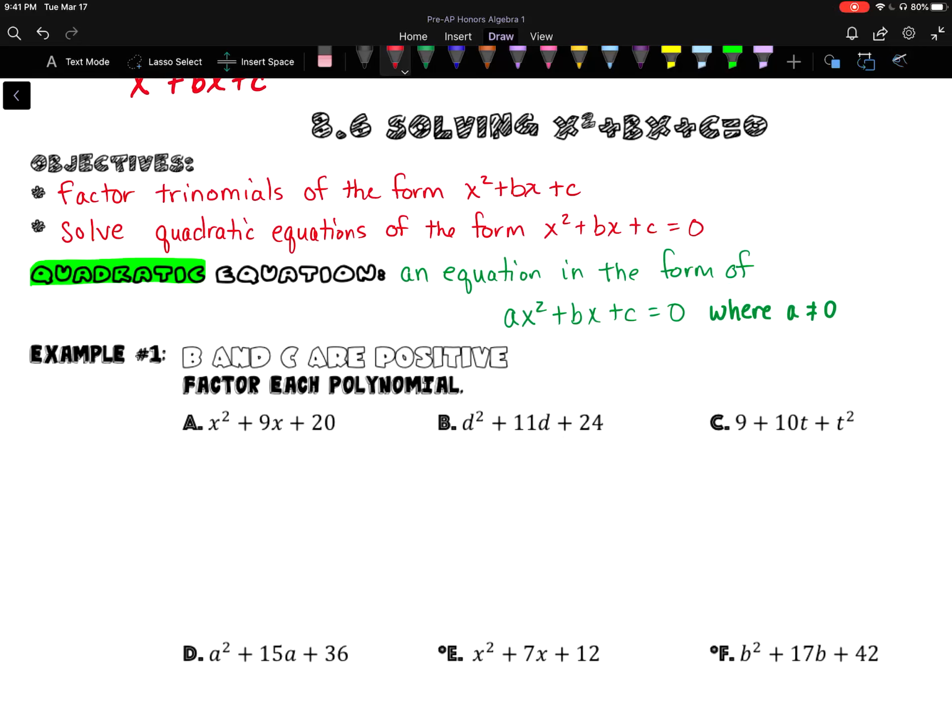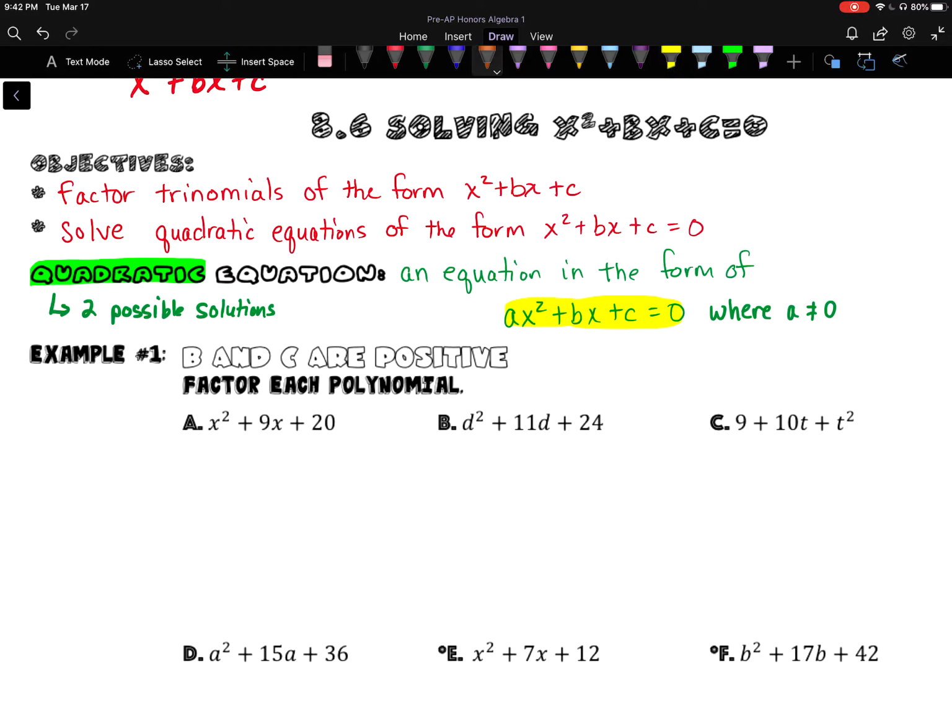I will give you the only definition that we have today, which is quadratic equation. A quadratic equation, just note that there are two possible solutions. There are cases where we might only get one solution, or other cases where there are no real solutions. So a quadratic equation is an equation in the form of ax squared plus bx plus c is equal to 0.